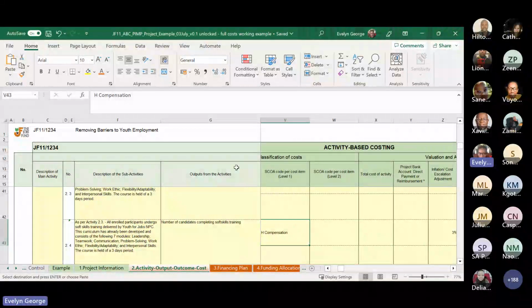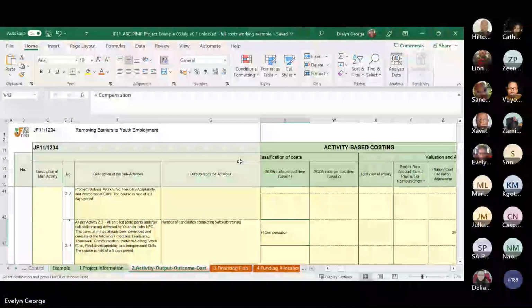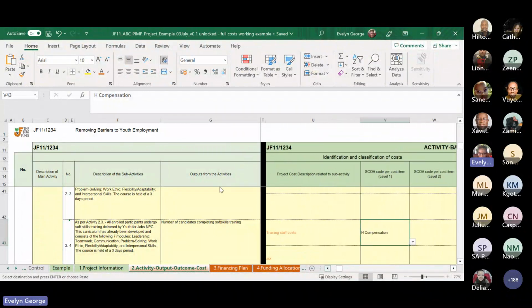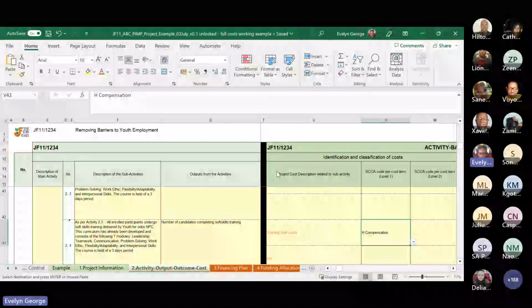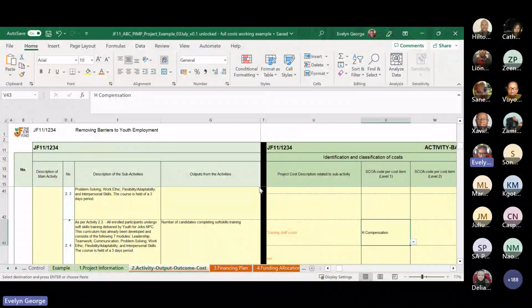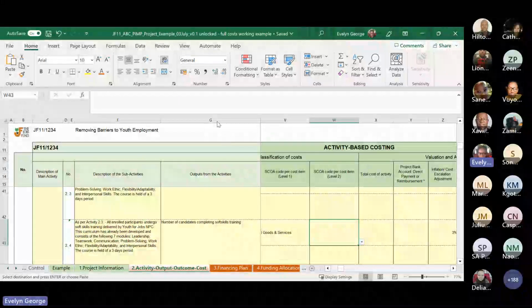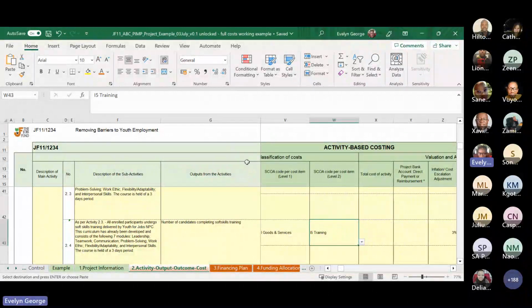We must just have the conversation, and like I said, let's be mindful of practicalities, both in terms of you completing that and us monitoring it. So, because I have limitations if I were to choose the compensation line, I'm going to move it to goods and services so that I have the training option available to me.